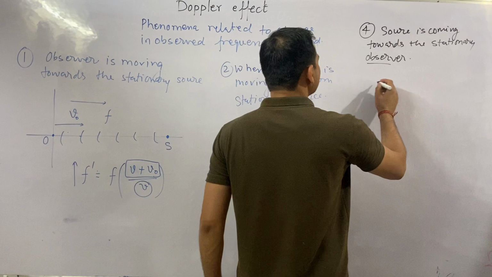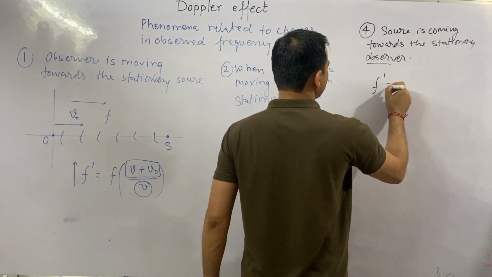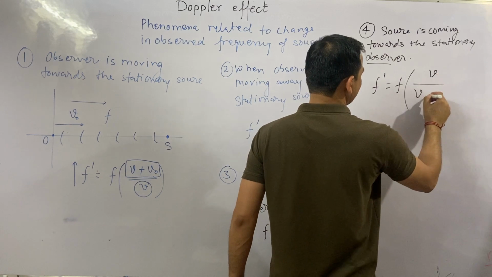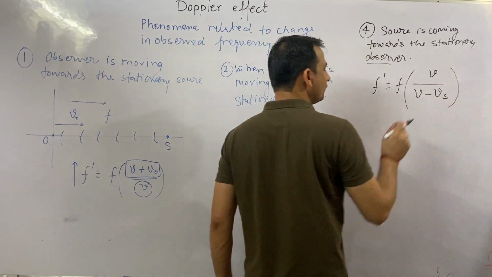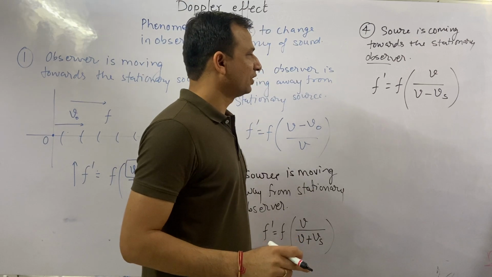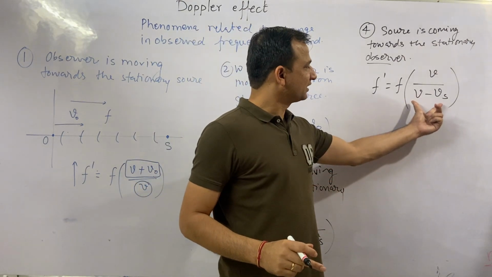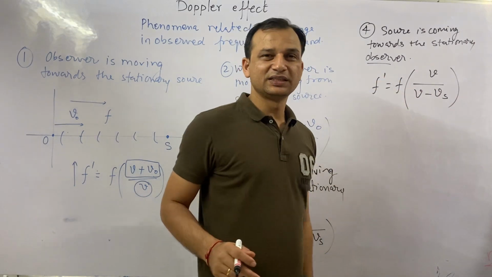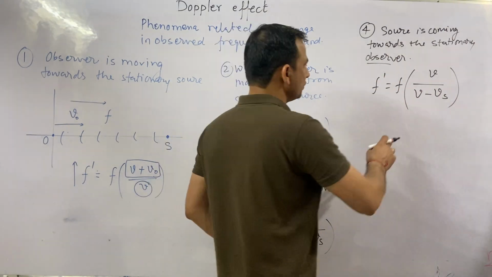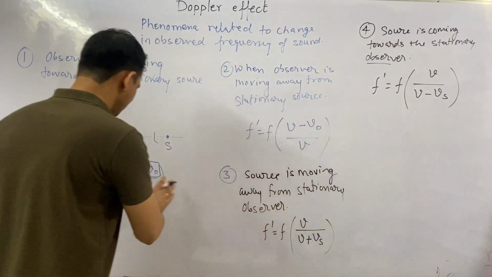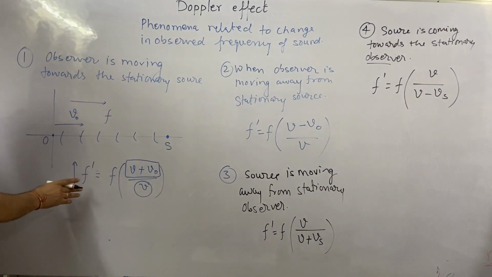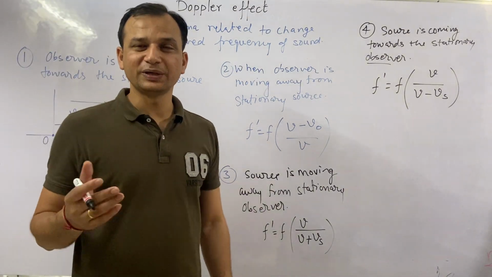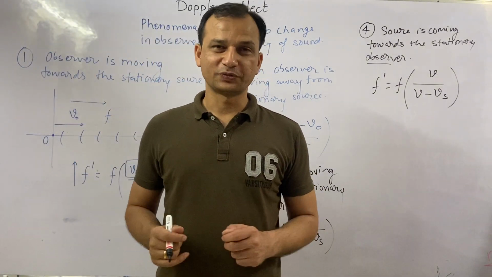So here f' is equal to f v divided by (v − vs). Now I'm using the minus sign because if the denominator is smaller than the numerator, then only we will get a higher value of frequency. So these are the four formulae which will help us calculate the observed frequency of sound when there is relative motion between the source and the observer.